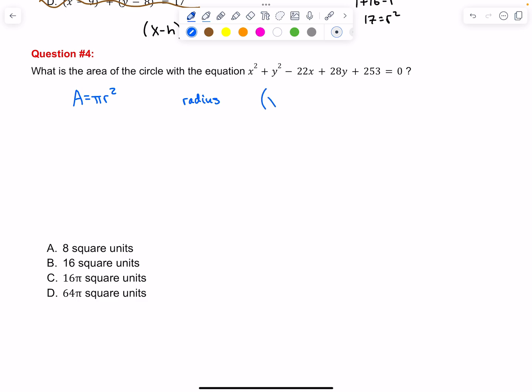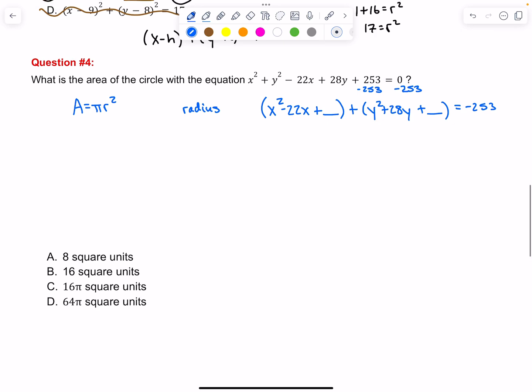So let's do what we normally do. Group the x terms together and leave room to complete the square. Group the y terms together and leave room to complete the square. Move the constant term, so we need to subtract it. And we need to add the two numbers to the right that we're adding to the left.